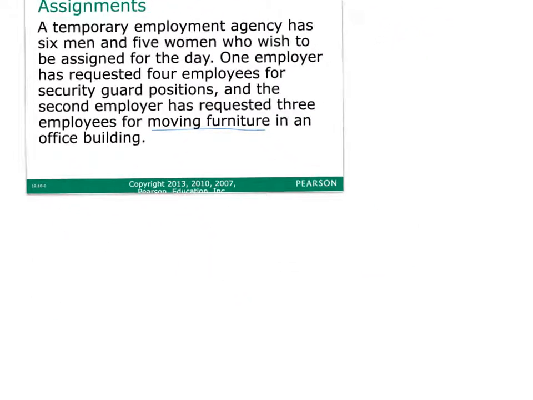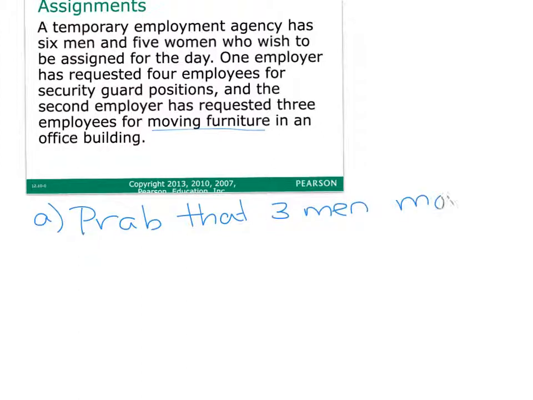So question 1, it's the probability that 3 men will be selected to move furniture. Okay, so first thing you have to do is find all the possible ways to select 3 men, and that's going to be in your numerator. Then you have to find all the possible ways to select 3 people, and that is going to go in your denominator.